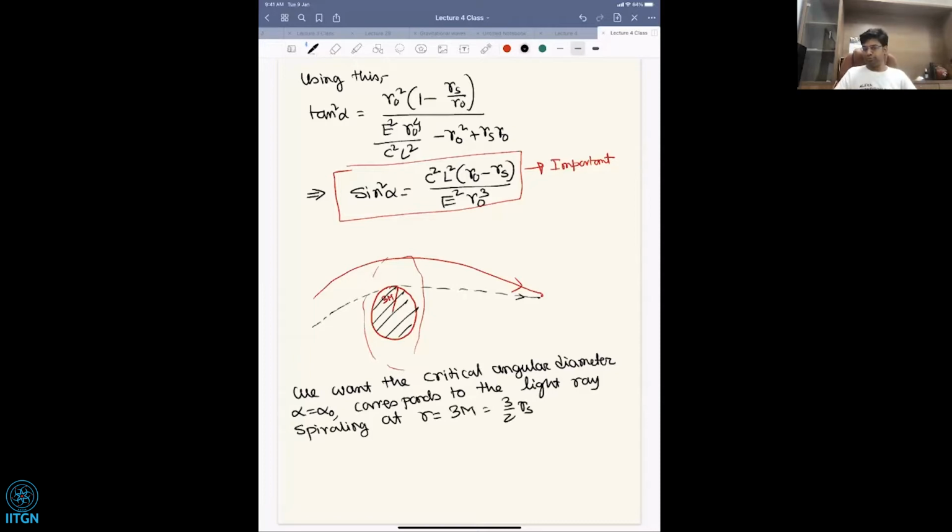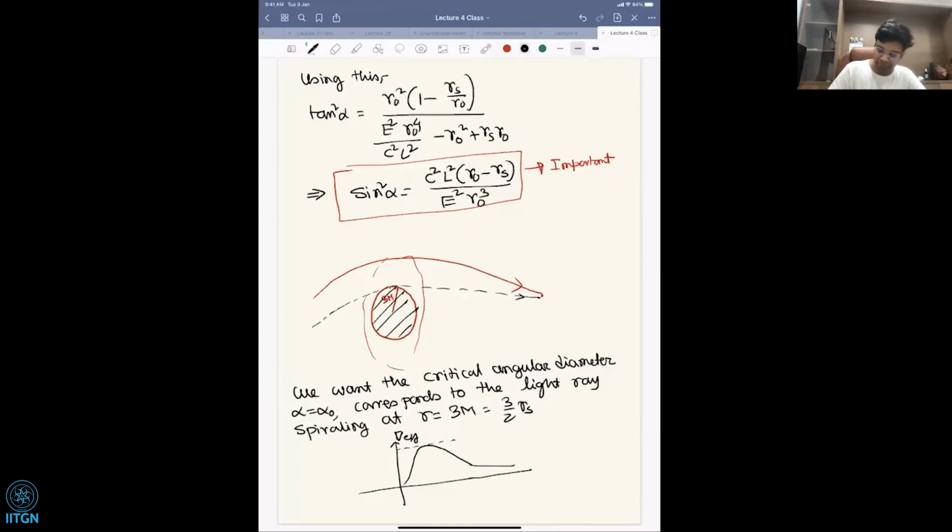Now for that ray, remember we derived last time, when we drew the effective potential and everything for the null ray, that for that particular ray the energy and angular momentum obey a particular condition. This is V effective, and it should always be positive.